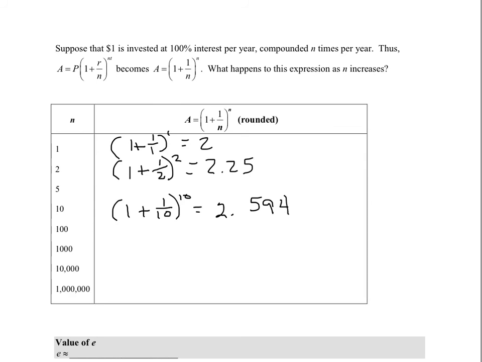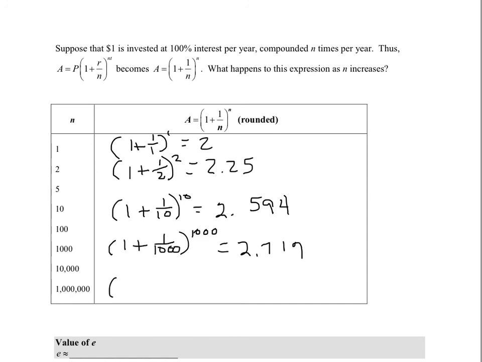Let's see what happens with 1,000. 1 plus 1 over 1,000 raised to the 1,000th power. That will equal 2.717 if I go 3 places to the right of the decimal.